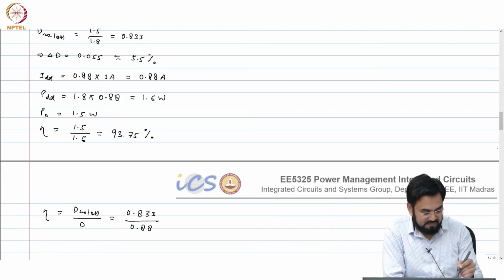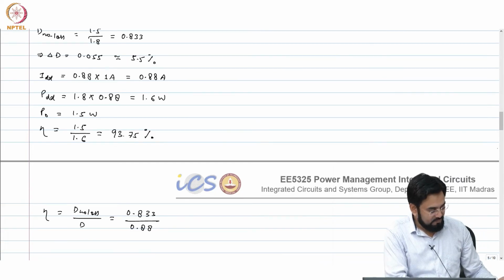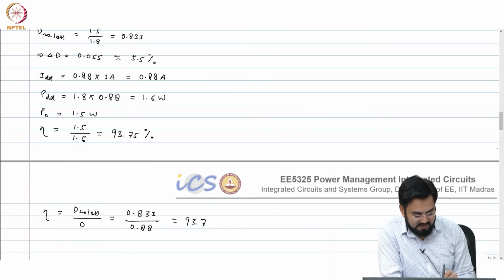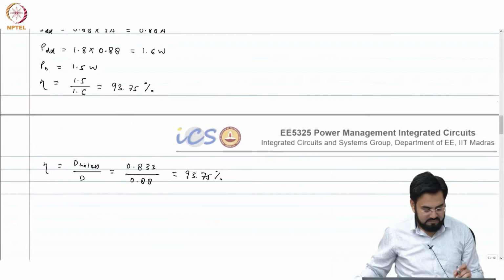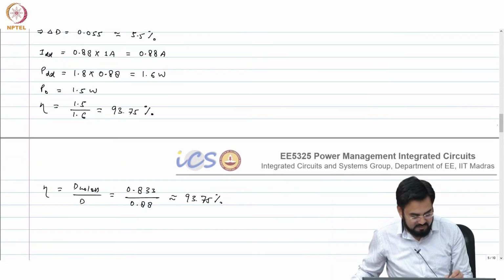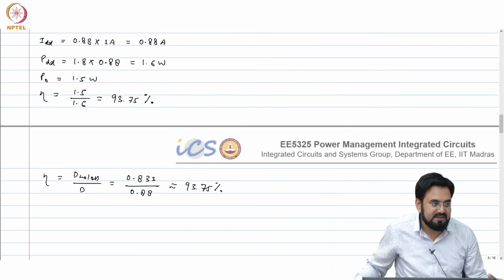So we took an approximation there, that's why 93.75%. So I'll just put an approximation here. So in both the cases you get almost 94% efficiency.